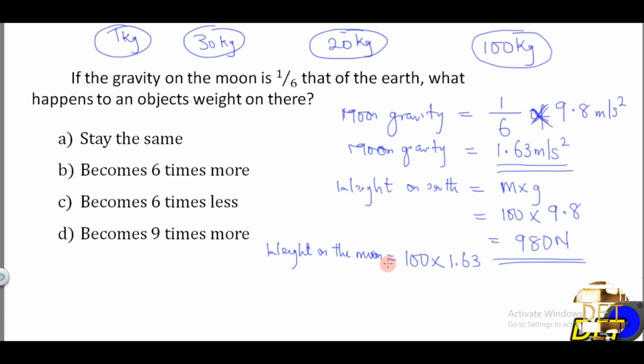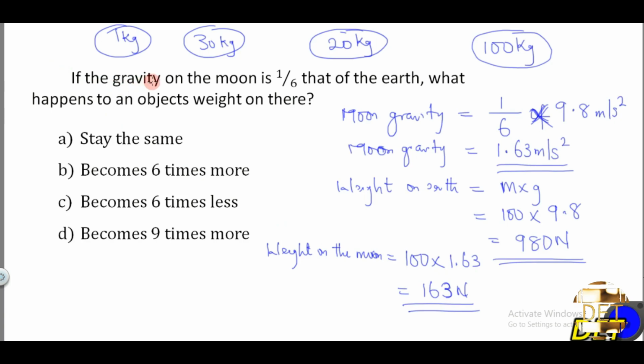So 100 times 1.63 will be equal to 163 Newton. So if you look at this weight, this is the weight on the moon and this is the weight on the earth. So the body is having more weight on the earth than on the moon.